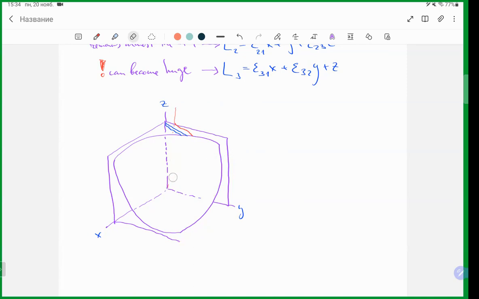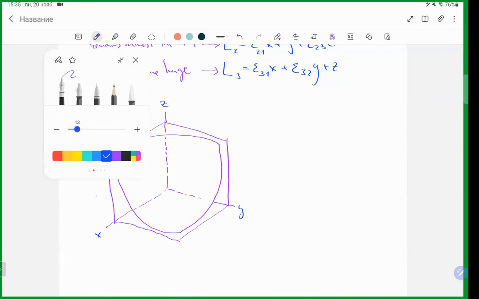Let me repair this. Now, what do I want from my picture?